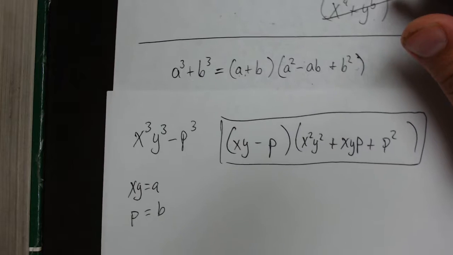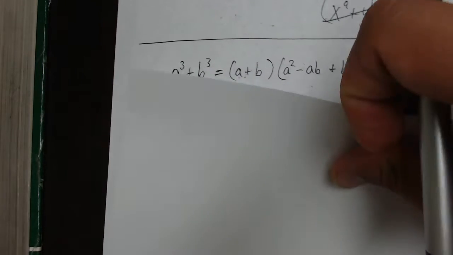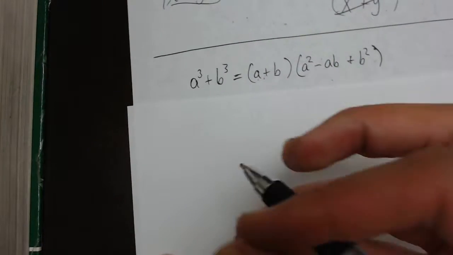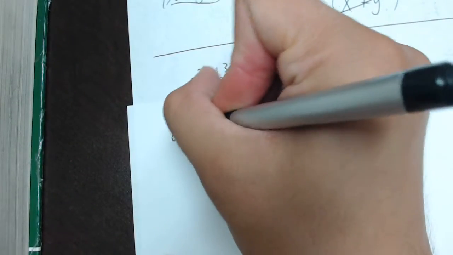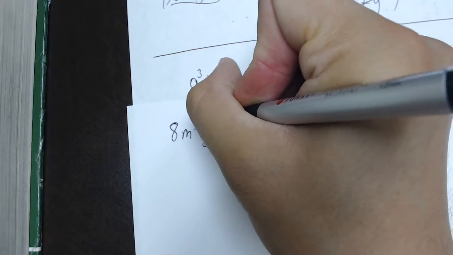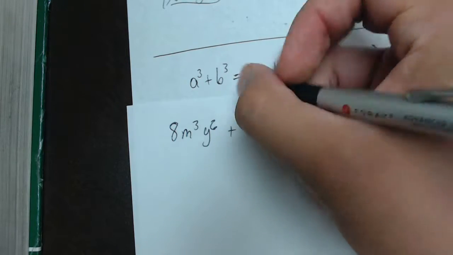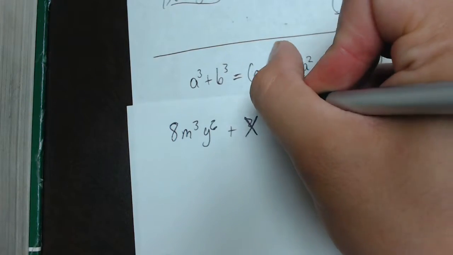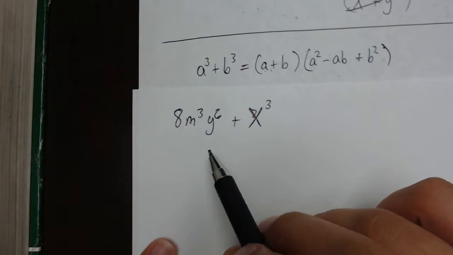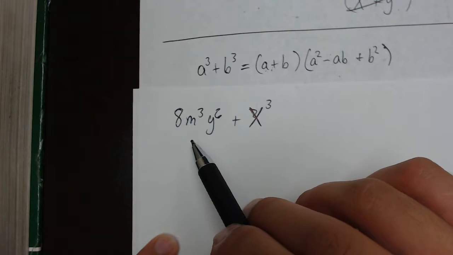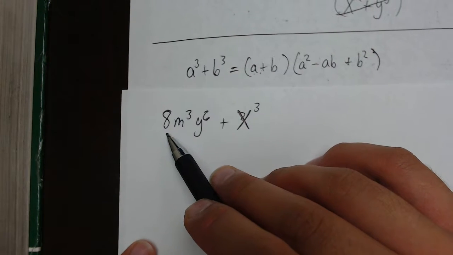We'll go ahead and do the same thing, and we'll use a positive example. Now the positive example they give us is 8m cubed y to the power of 6 plus x cubed. And you'll notice they like to complicate the a term. And in this case, we have a whole number in the a term.